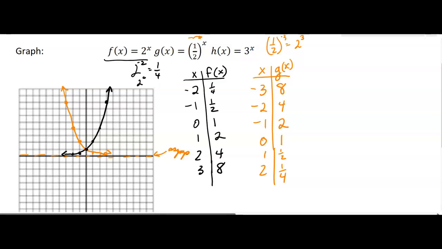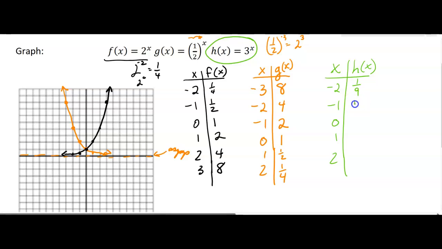Okay? All right, now our last one we're going to do, we're going to change that base number. We had 2, and then we had 1/2, which is just the reciprocal of 2. But now we're going to go ahead and change it and see what happens when we have a 3. So if I put in -2, -1, 0, 1, 2, if I plug in -2, I'm going to get 1/9.